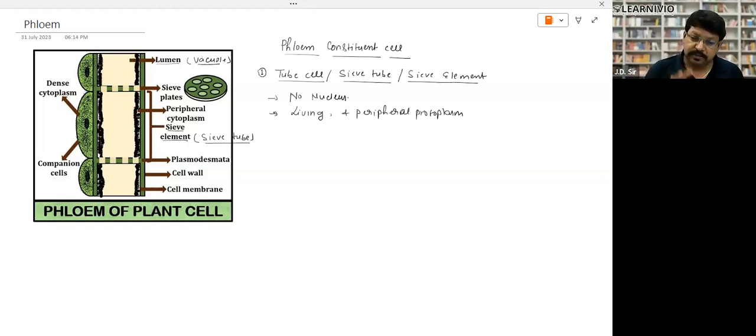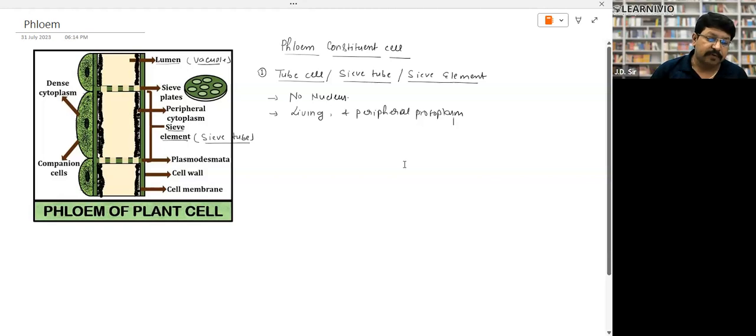Like our brain controls our body, in the same way every nucleus controls the functionality of the complete cell. If the nucleus is not present, who will control it? That is the very important point you need to understand. If the nucleus is not there in the sieve tube or sieve element, which thing will control the functionality of these tube cells?